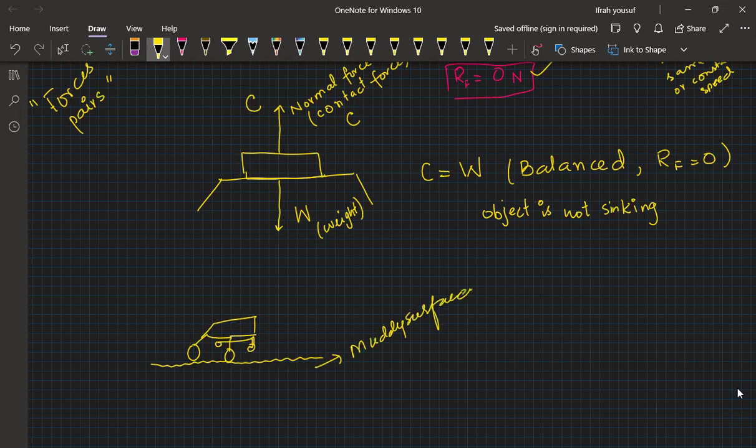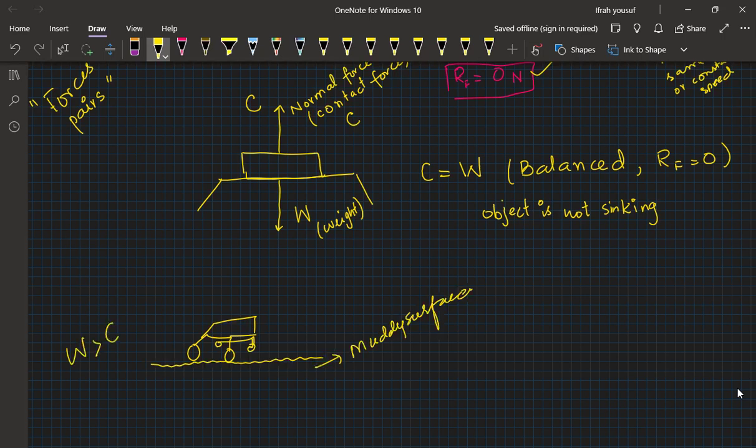Now, if only one person is sitting, the car is not sinking. That means the total weight and the total contact force are balanced, right? But when another person enters the car, the weight becomes greater than the contact force, right?